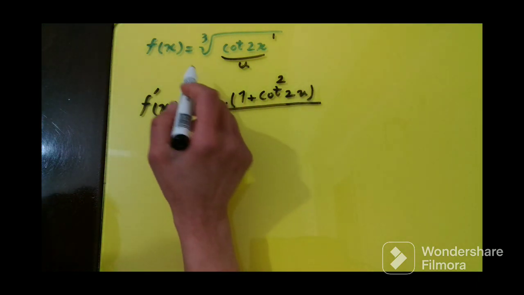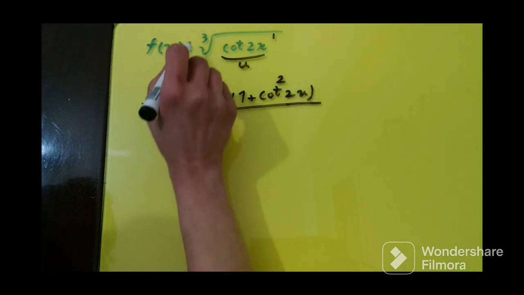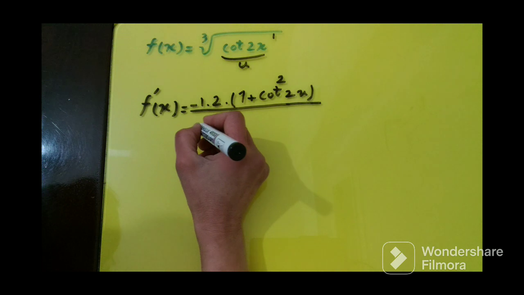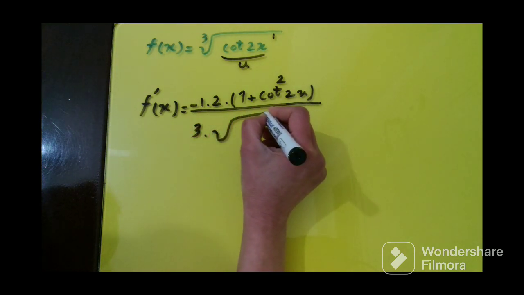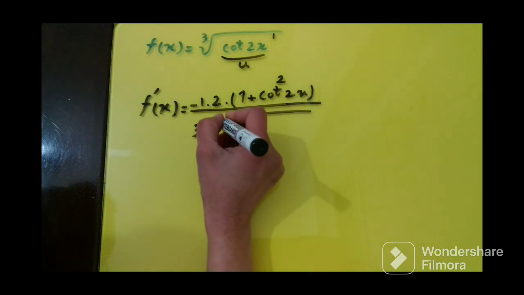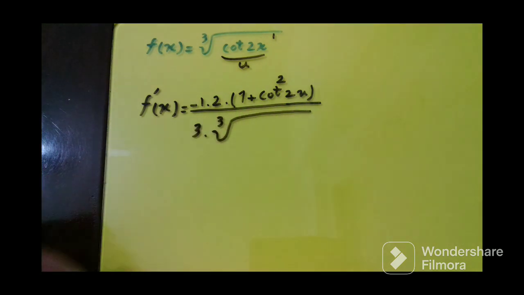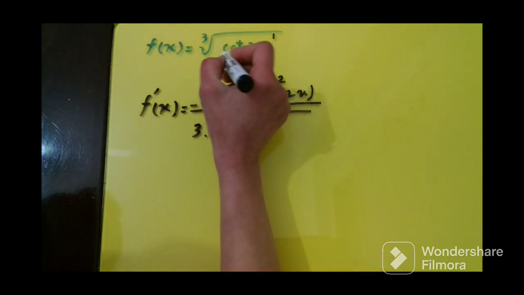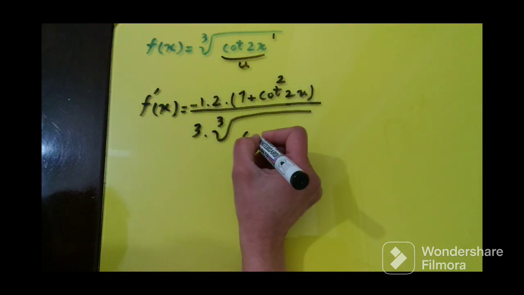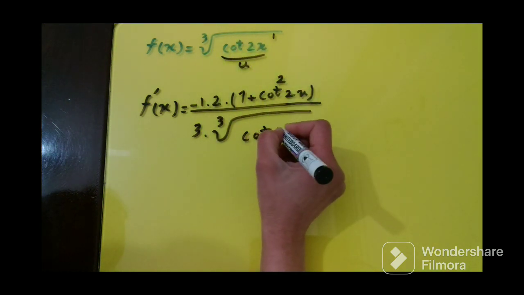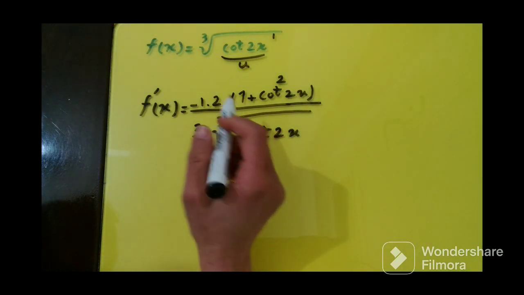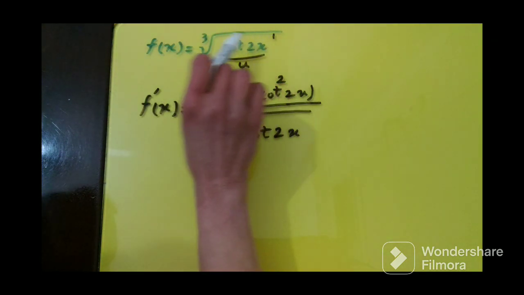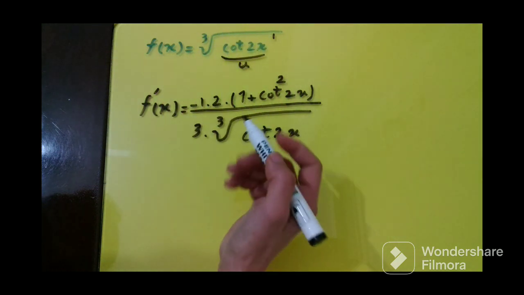For down, according to the rule, you should put m, 3, times m again, 3, u, cotangent 2x. For the power, you should put m minus n, 3 minus 1, it's 2.